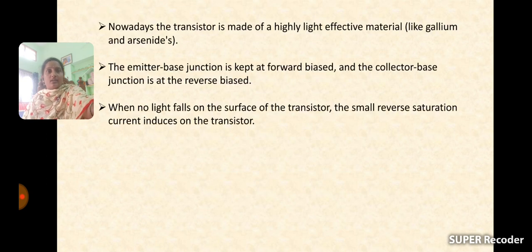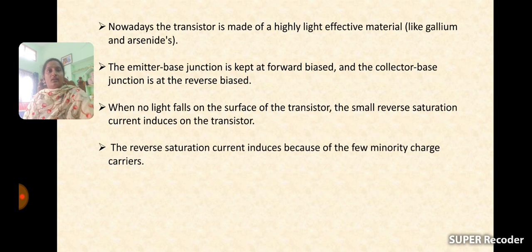So nowadays the transistor is made of a highly light effective material. The emitter base junction is kept forward biased and the collector base junction is reverse biased. When no light falls on the surface of the transistor, a small reverse saturation current is induced in the transistor.